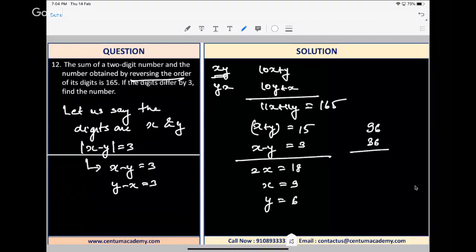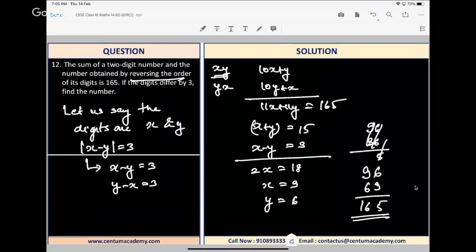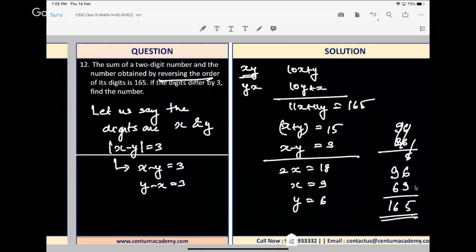If you add both of them, 96 plus 69, 165 is the sum. This is how you will solve this equation. Okay. So what is the learning? Please remember, any 2-digit number can be expressed as 10x plus y.